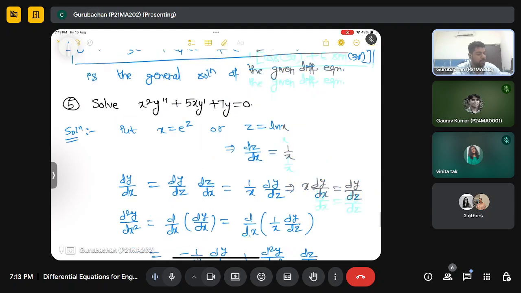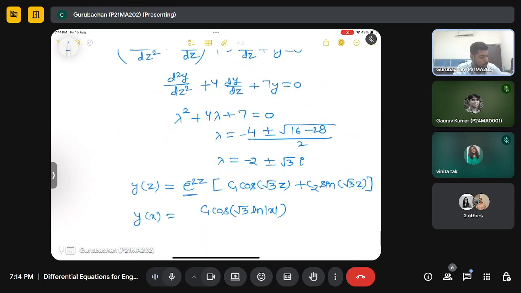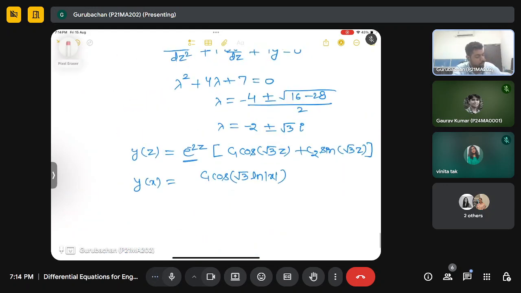So while solving the Cauchy-Euler equation, we cannot assume x equal to 0. X should be not equal to 0, and so we have to work with either x positive or x negative. So here we are working with x positive, so we don't need to apply mod here. So we just write c1 cos under root 3 ln x plus c2 sin under root 3 ln x, divided by x square.